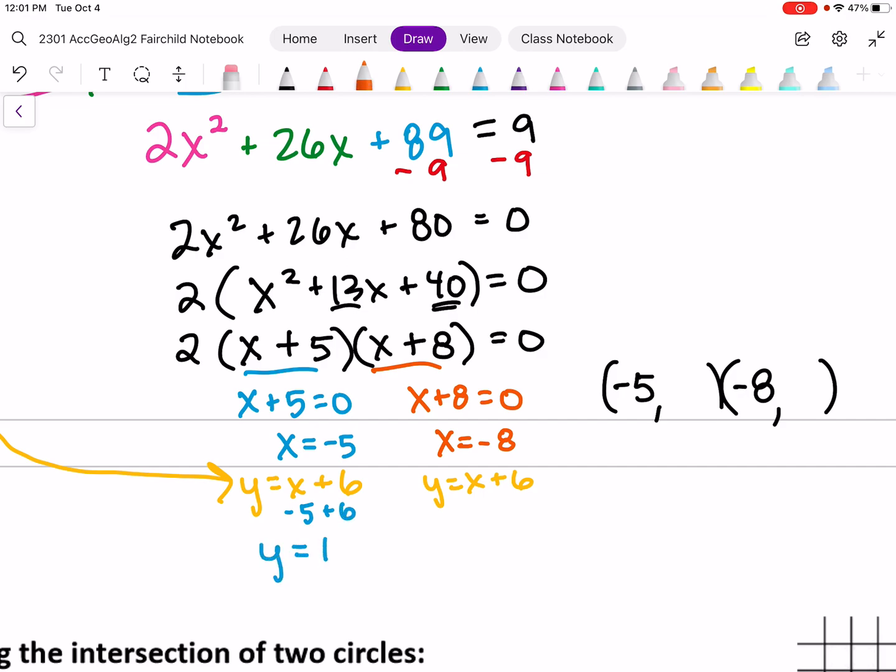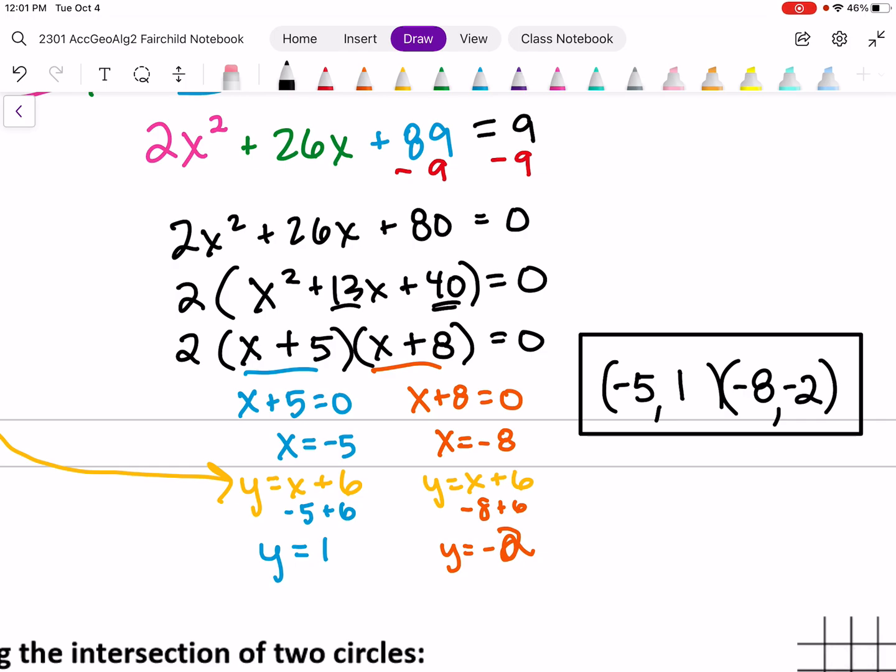When I plug in x equals negative 8, I get y equals negative 2. So in my ordered pairs, I've got (negative 5, 1) and (negative 8, negative 2). So those are my answers to my system.